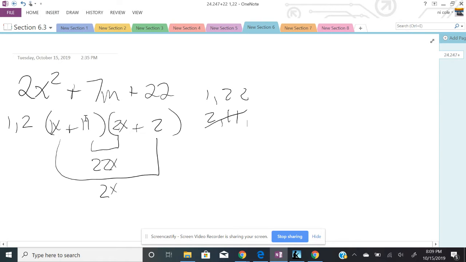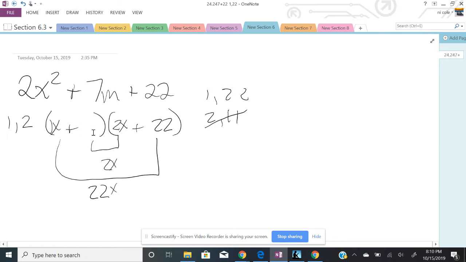So now I'm going to try 1 and 22. So 1 times 2 is 2, and then 1 times 22 is 22. When I sum those up, that gives me 24, which is not my 7. So now I have to try again.